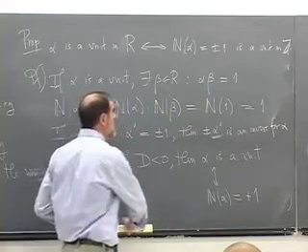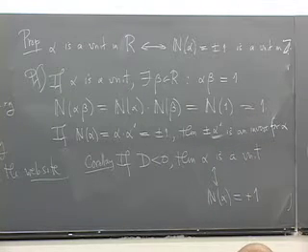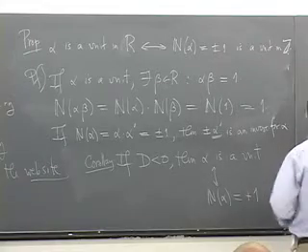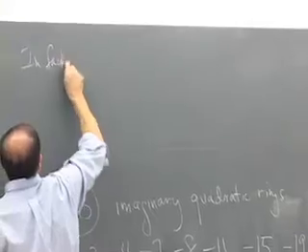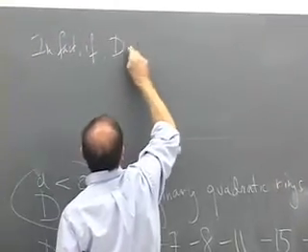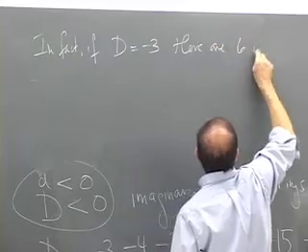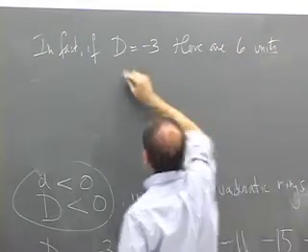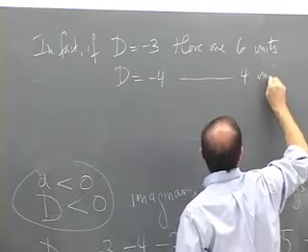All right, now let's enumerate the units in the negative case. In fact, if d is equal to minus 3, there are 6 units. If d is equal to minus 4, there are 4 units.